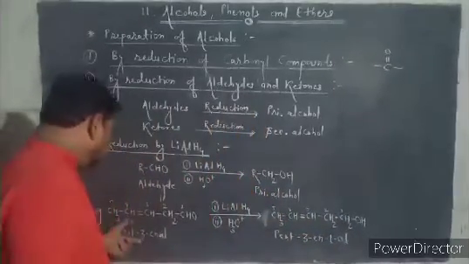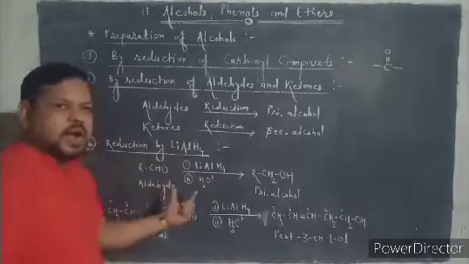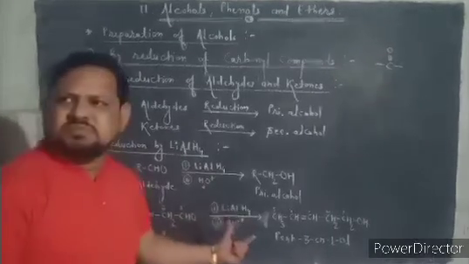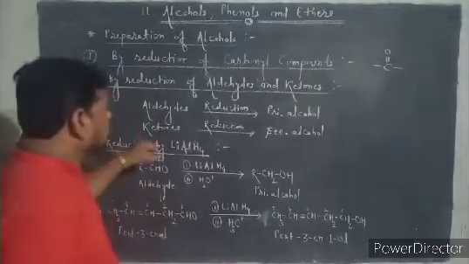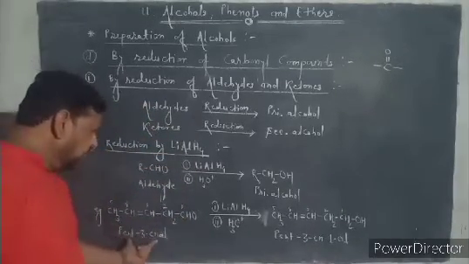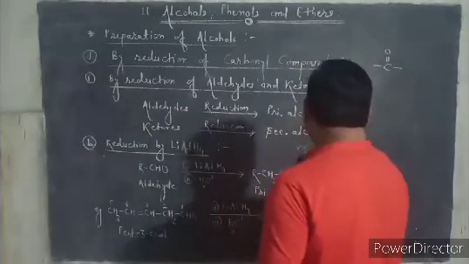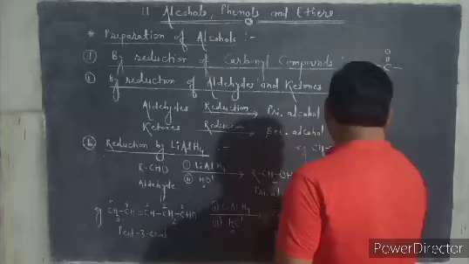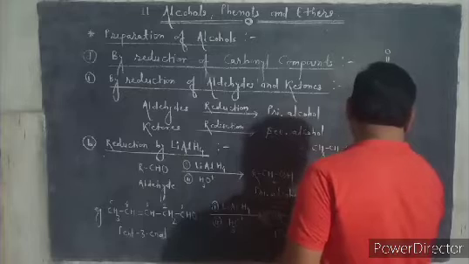In this reduction, lithium aluminium hydride does not reduce the double bond. And in case of catalytic hydrogenation, this pent-3-enal, it reduces this double bond and gives the product in this way. See here, CH3, CH double bond CH, CH2, CHO.